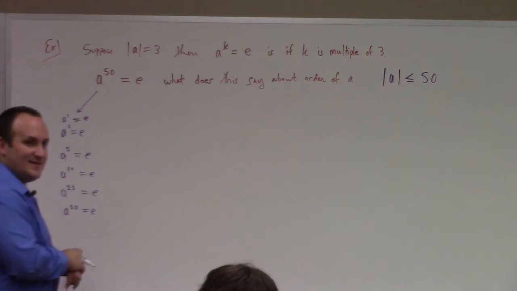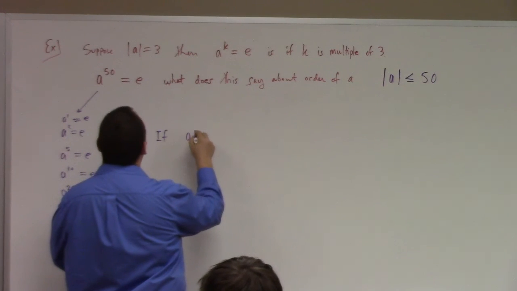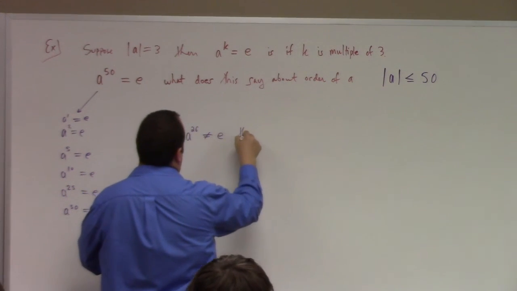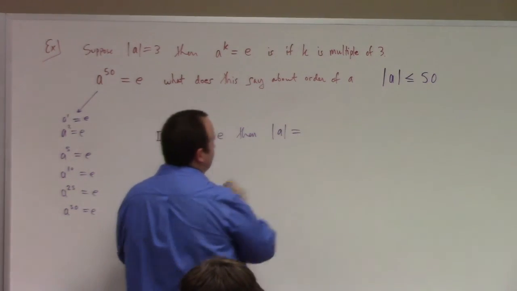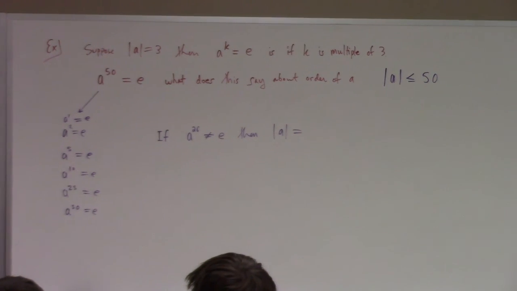So check this out. What if we had that a to the 26th was not equal to e? Then the order of a is equal to what? I didn't say a to the 26 was e.